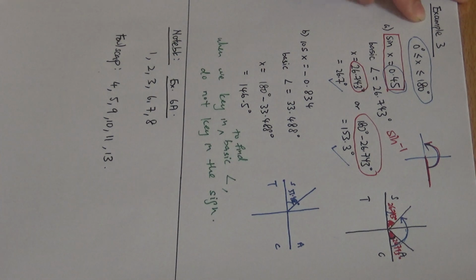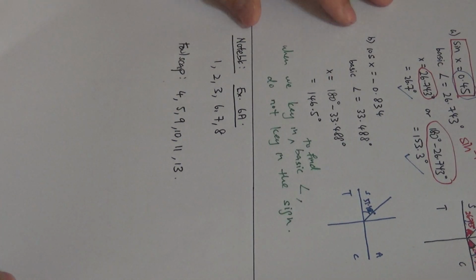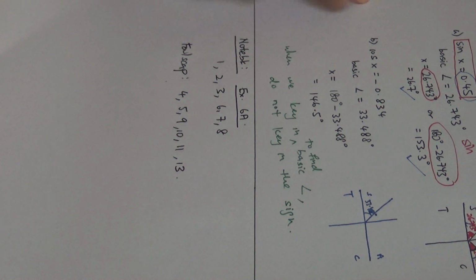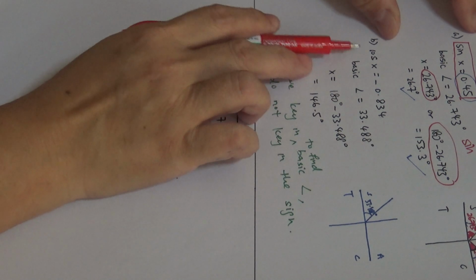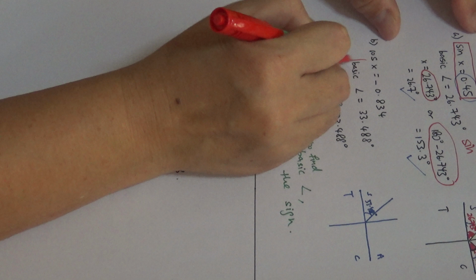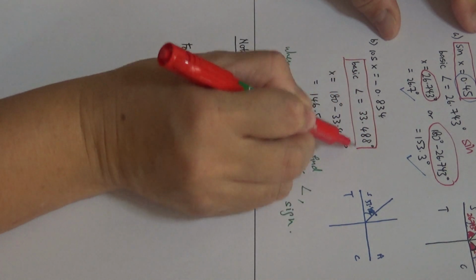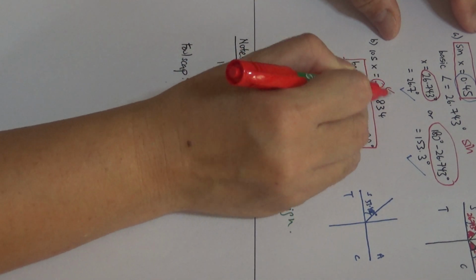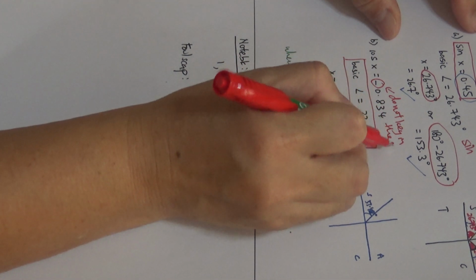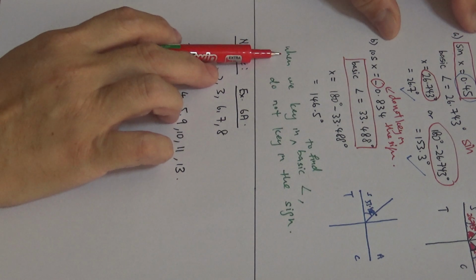Next, I'm going on to example 3 part B. For this one, all of you have to pay more attention and listen to what I'm saying. Now, cosine x is negative of this. When we find the basic angle, we do not key in the negative sign.